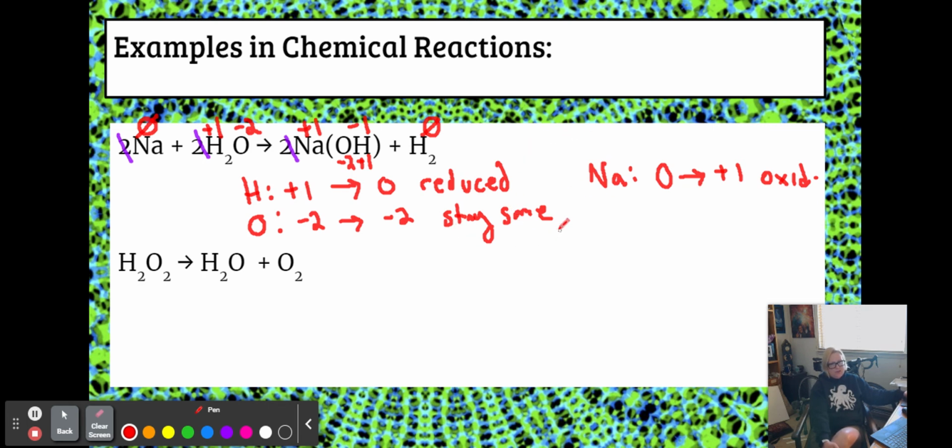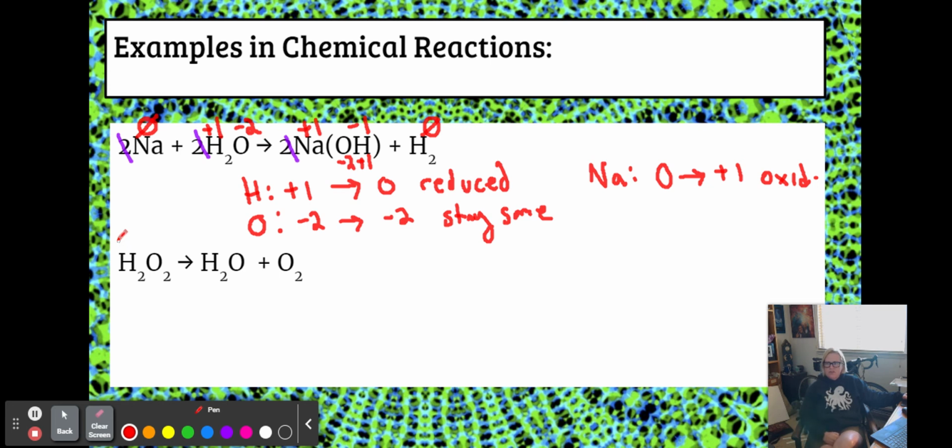If everything had the exact same oxidation state as where it started, then it's not a redox reaction. It's not an oxidation reduction reaction. And here's the example of the decomposition of hydrogen peroxide again. I decided to do this one because it's not always straightforward with having one oxidizer and one reducer.